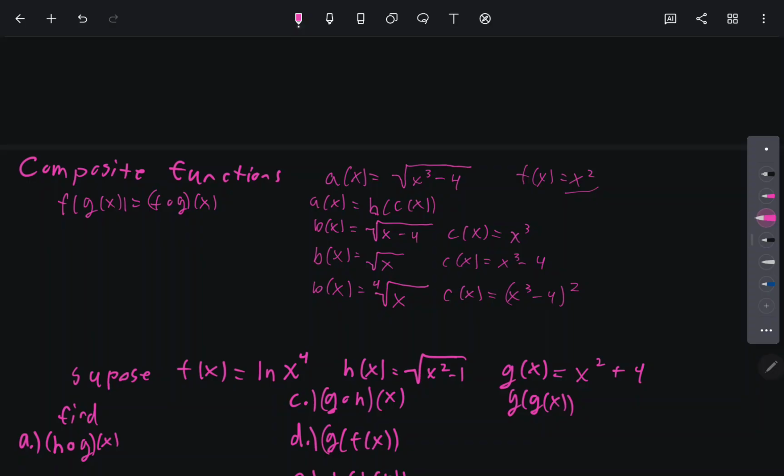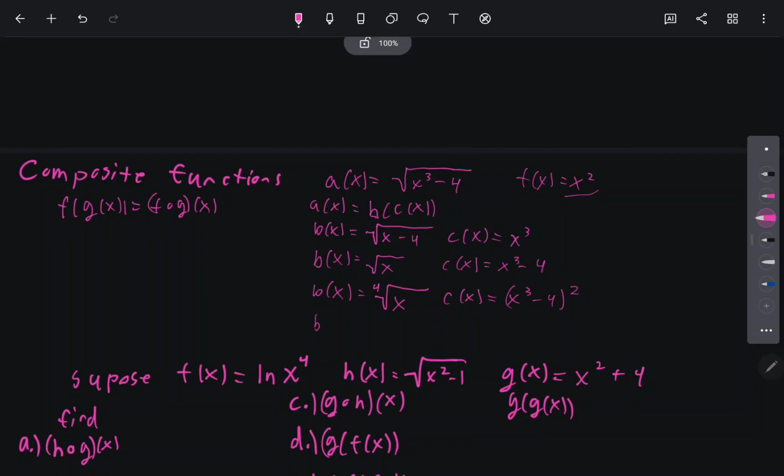Just for one more example of this a of x, we could do b of x is equal to e to the x, and c of x can be the natural logarithm of the cube root of x cubed minus 4. Plugging that in, you would get the same result. You can get more and more crazy with these composites.